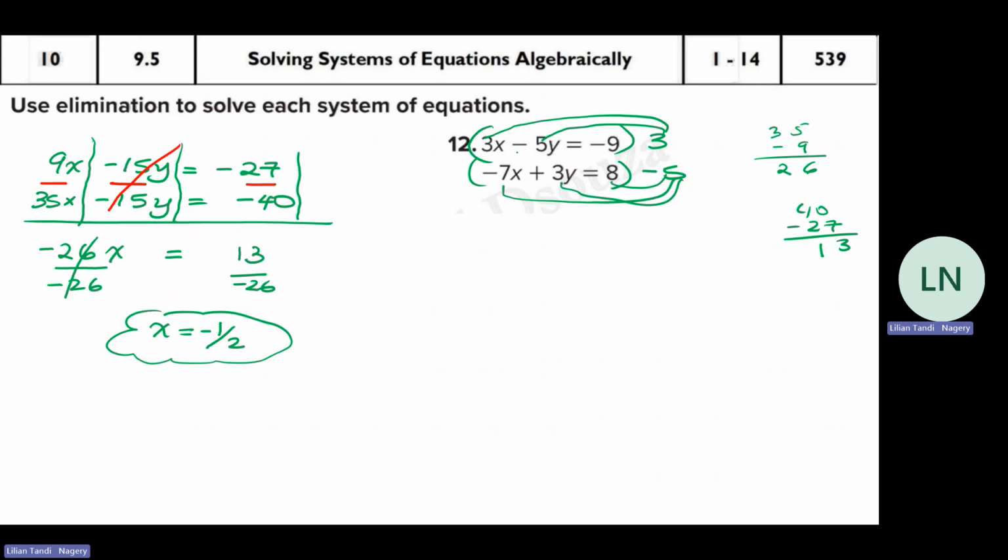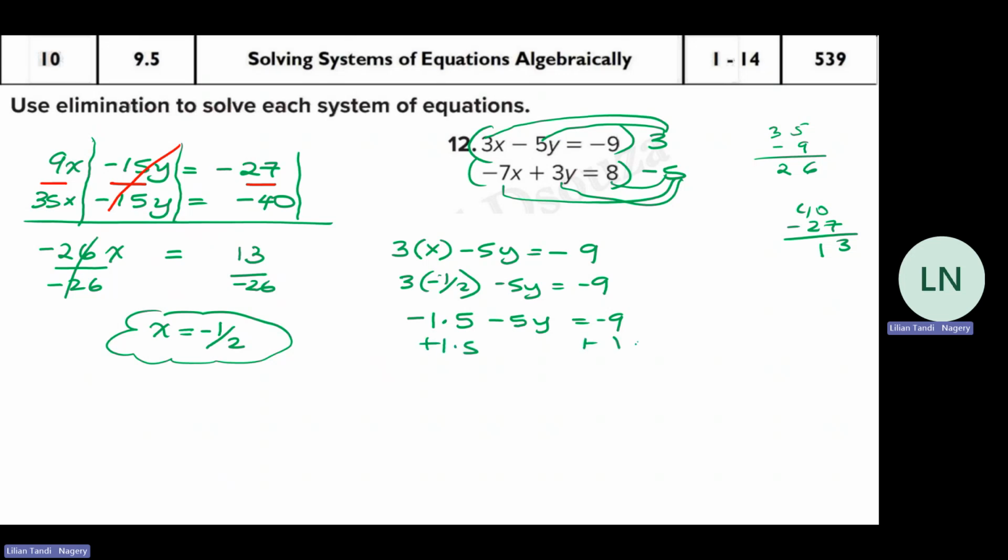So I'm going to use the first equation to find my y. So 3x minus 5y equals to negative 9. 3 multiply negative 1/2 minus 5y equals to negative 9. Negative 1.5 minus 5y equals to negative 9. Plus 1.5, plus 1.5. This goes away. Negative 5y equals to negative 7.5.